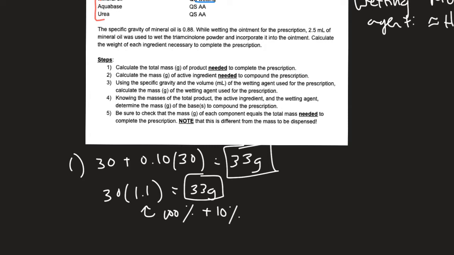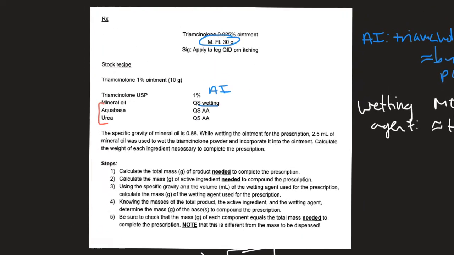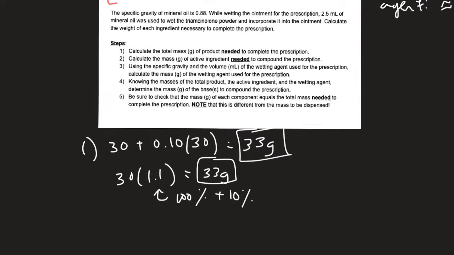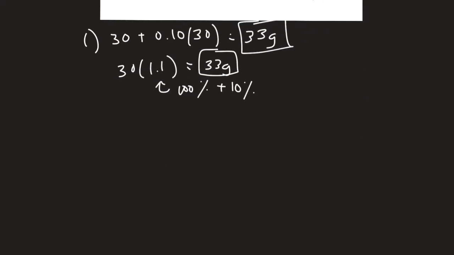Step number 2, we're going to calculate the mass of the active ingredient needed to compound the prescription. So we know that the active ingredient is 0.025%. And for solid products, that usually means weight by weight.